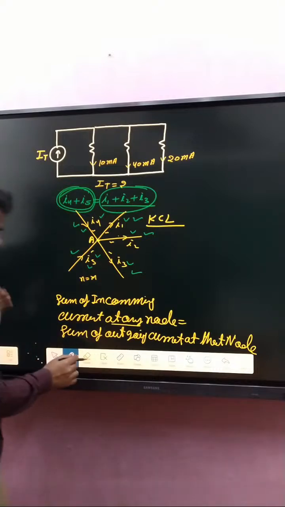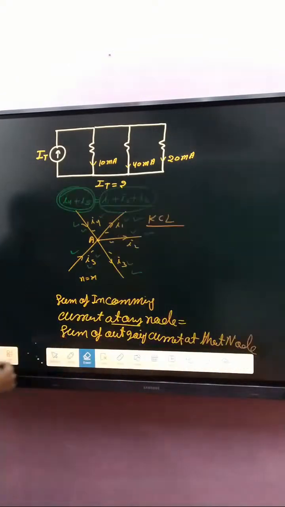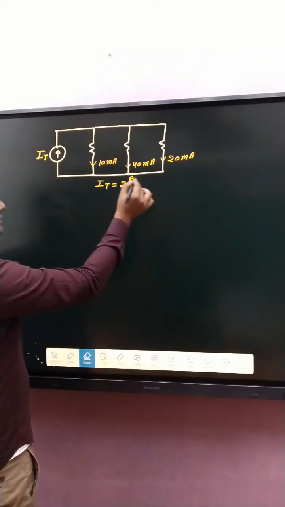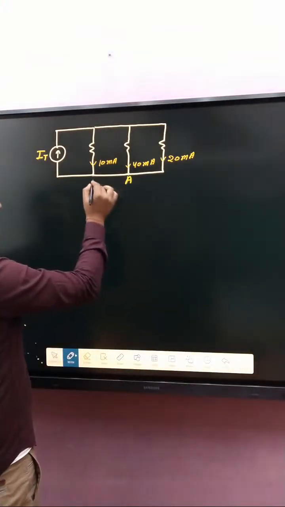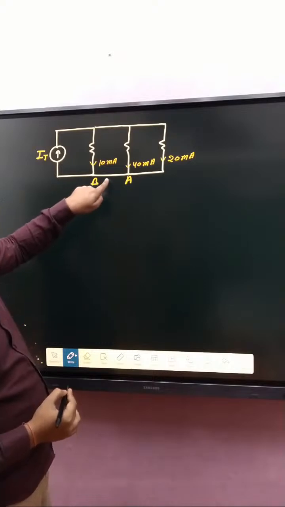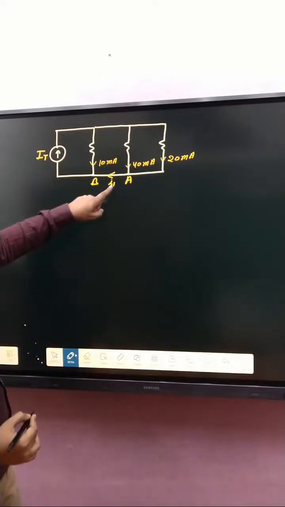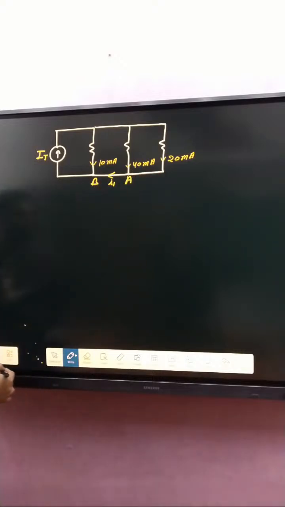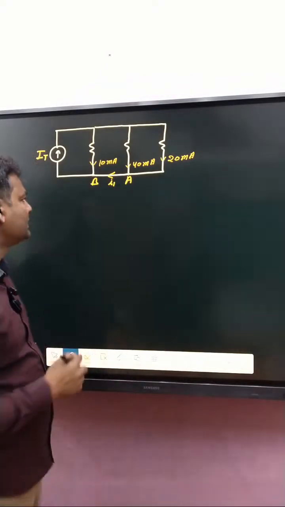Now this concept applies here. Suppose that node is A and that one is node B. The current in that branch is not given, so we have considered it I1. First mention the branch current, after that apply KCL. A node is where more than two branches meet.